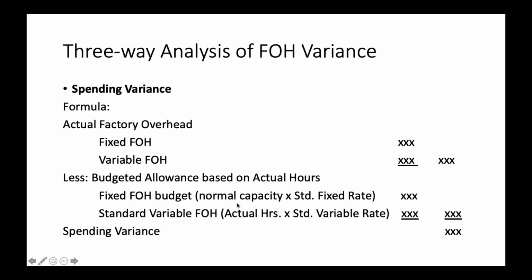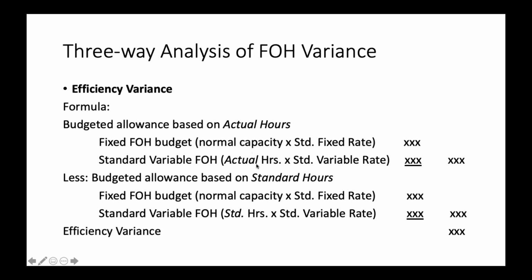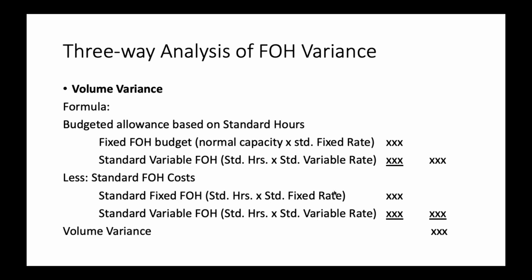The fixed factory overhead budget is the same as in two-way analysis. This one is different: actual hours. So actual hours less the standard. In efficiency variance, we are actually getting the difference between the standard variable factory overhead. Now for volume variance, we are actually getting the difference between the fixed factory overhead.